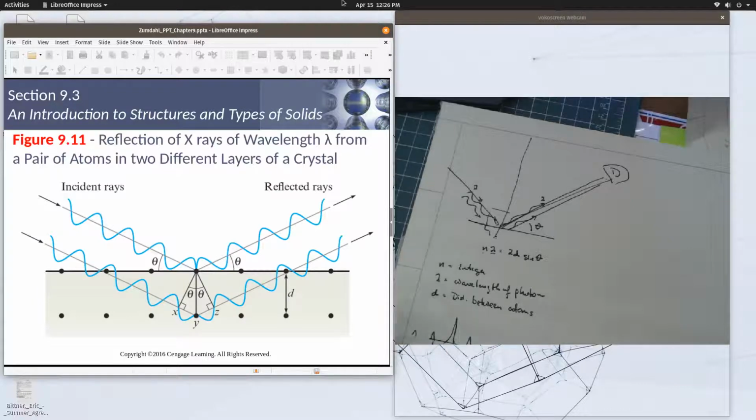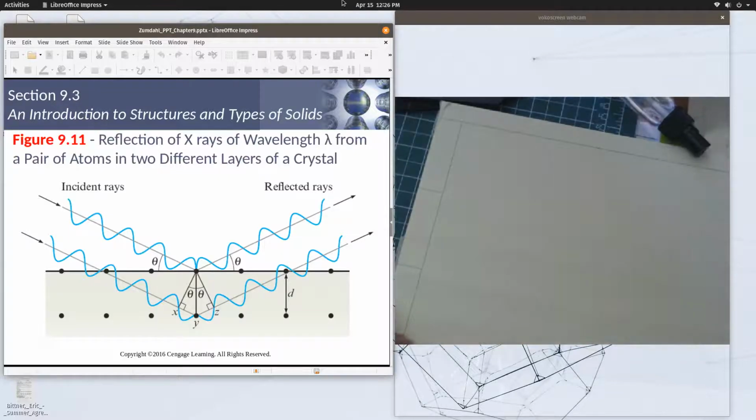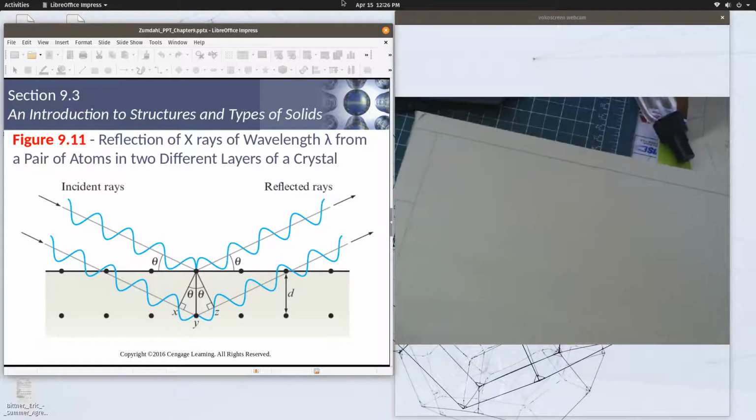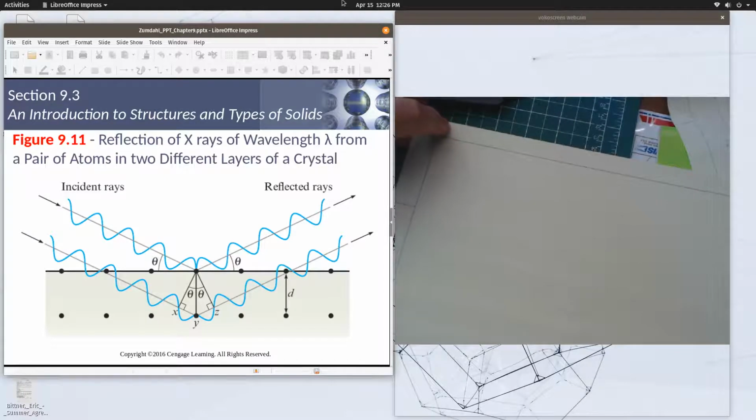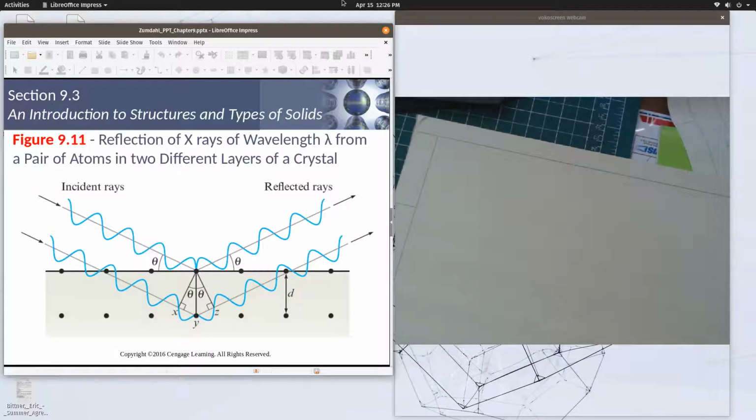Here's a little bit of a sketch of what I got. You can work this out very readily in terms of just some basic geometry. That's what it boils down to, and this Bragg equation tells you this relationship.